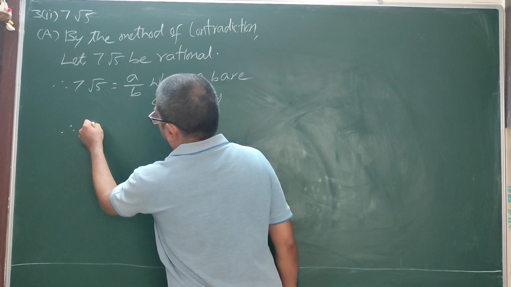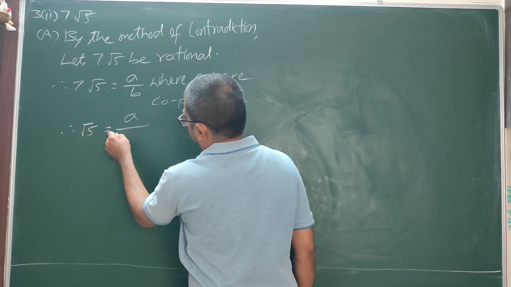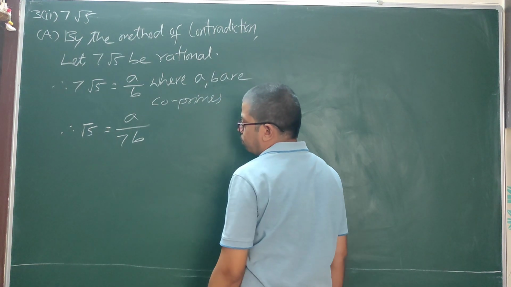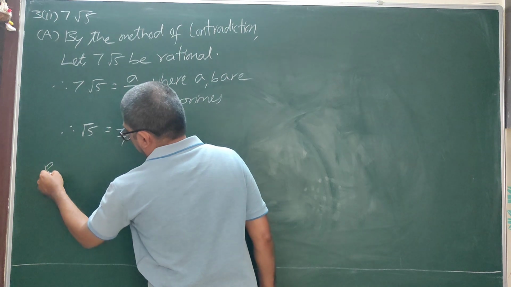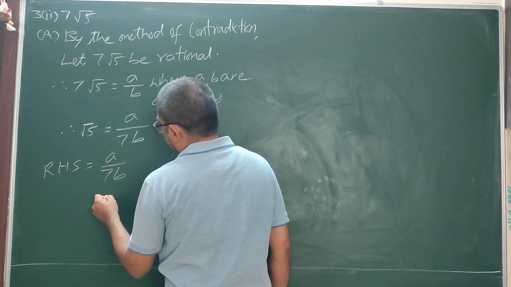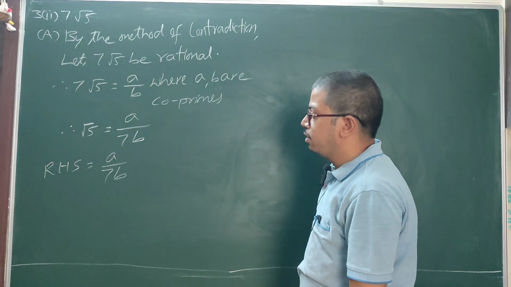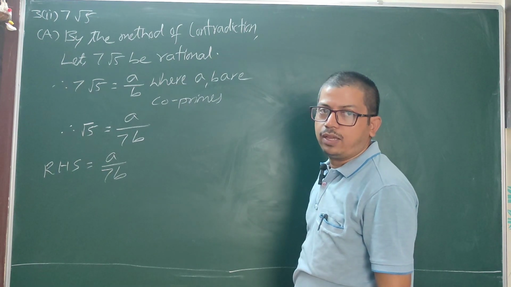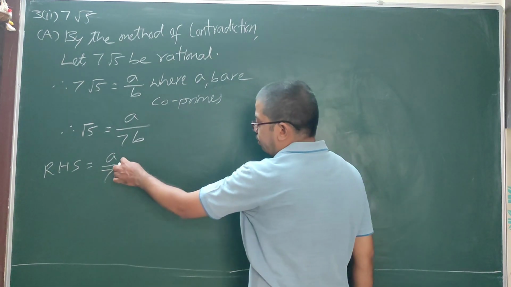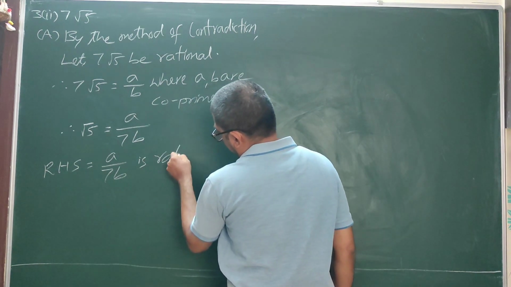Therefore, root 5 equal to a by 7b. Now let us go to the RHS part. RHS equal to a by 7b. A, B, being co-primes, are of course rational, and 7 is also rational. So a by 7b is a rational number.